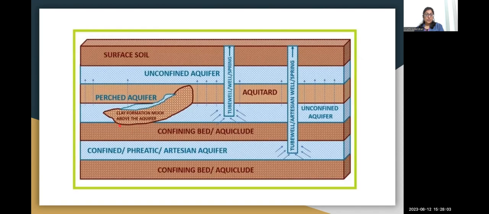And in that, we also discussed that when an impermeable formation forms like this in between, the water that gets accumulated here temporarily is called perched. This whole formation is called a perched aquifer, and the water is called perched water.